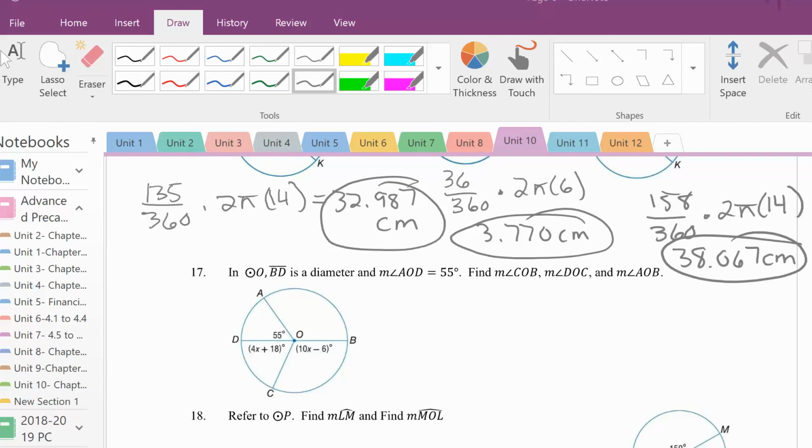All right, number 17. So in circle O, BD is the diameter, and the measure of angle AOD is 55. So it says find the measure of angle COB. COB is here. So AOB, if AOD is 55, so 180 minus 55 gives you 125.